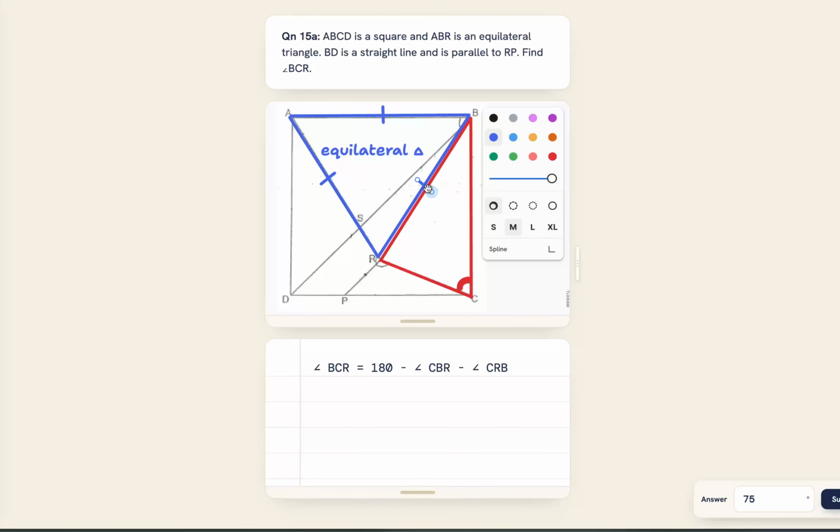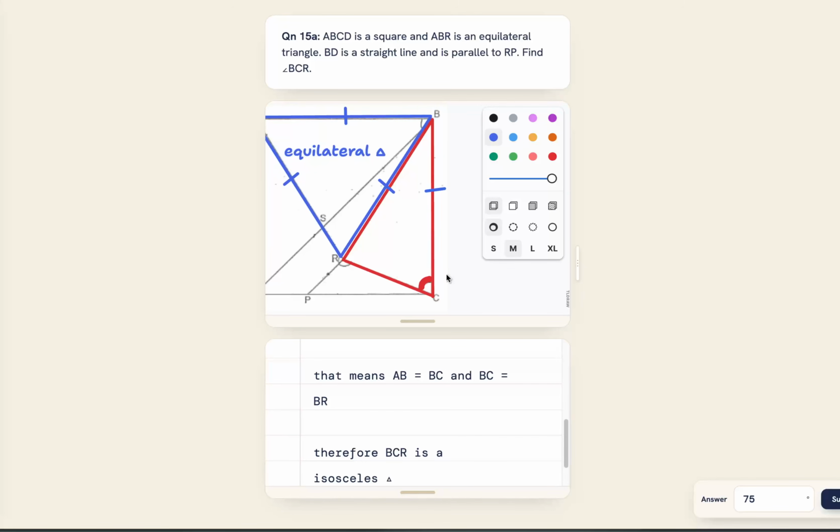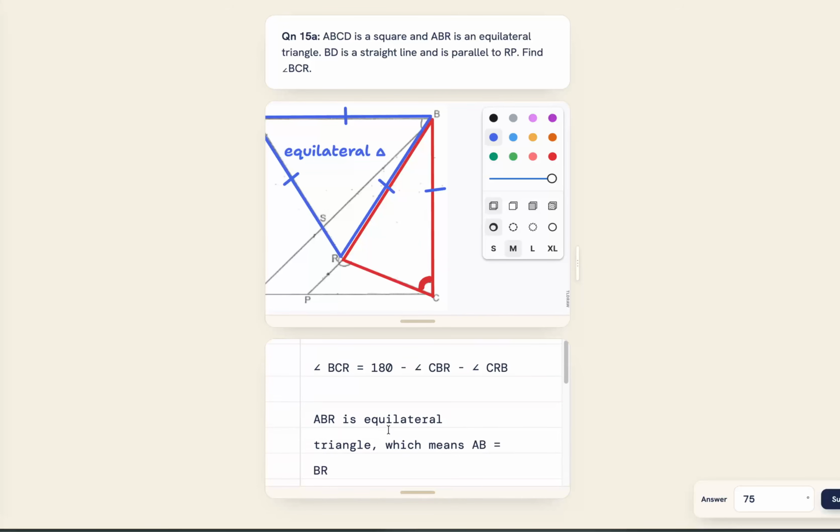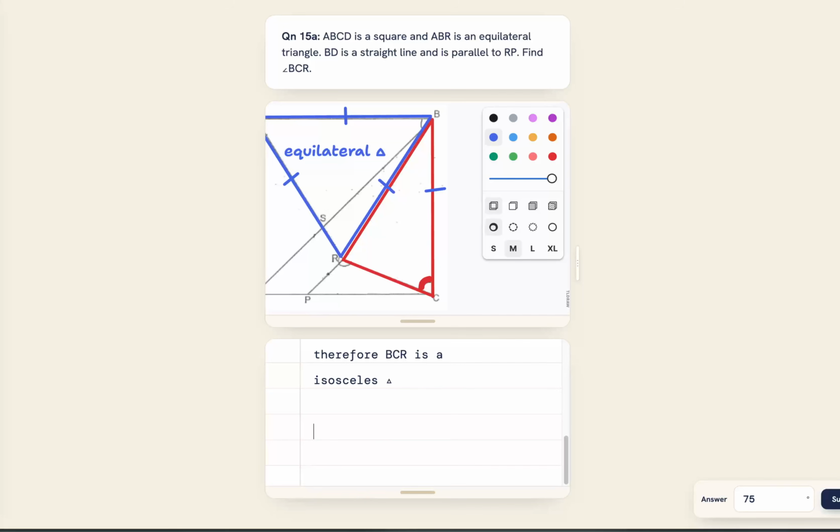And since the equilateral triangle side is equal to the length of the square, that means this is also the same. So now we know that BCR is an isosceles triangle. Then we can calculate BCR. BCR would be equal to 180 minus CBR, and then we divide it by 2.